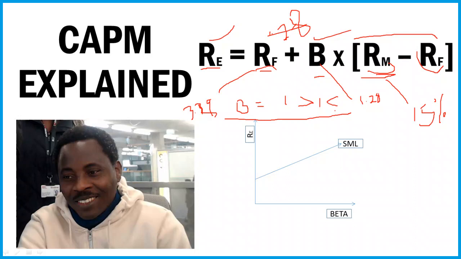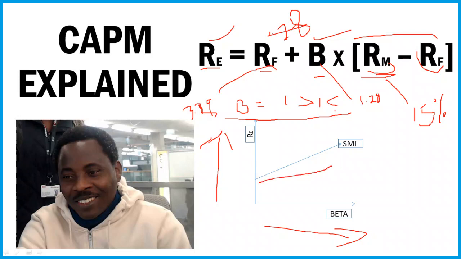This is our risk region and this is our return region, and generally the capital market we have is the security market line, which usually follows the supply curve.